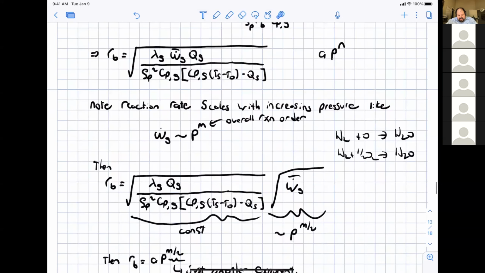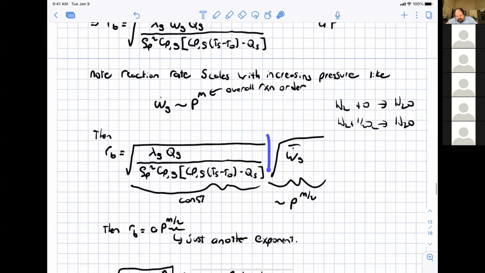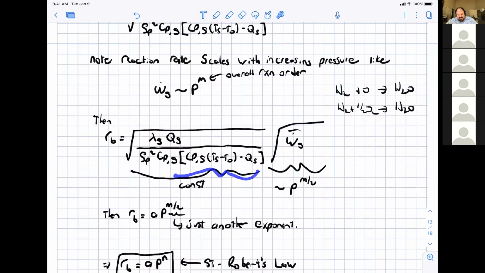Okay, so now I'm going to work with this, and armed with that tidbit of knowledge, I'm going to factor out this omega dot G to separate it out. And so here we have the square root of everything else times the square root of the average gas phase reaction rate. This here is essentially constant, and this here is not going to change that much, so it's almost constant, but really isn't.